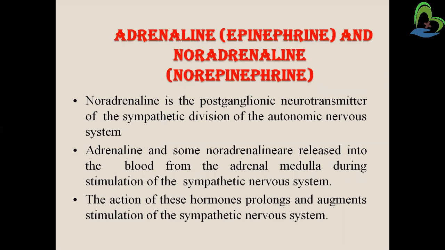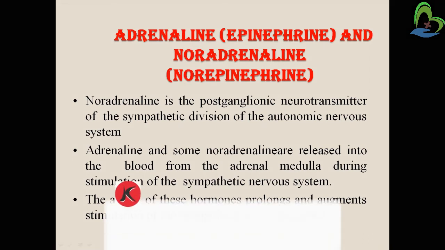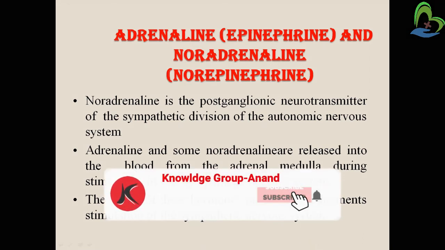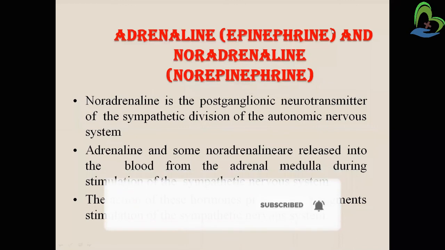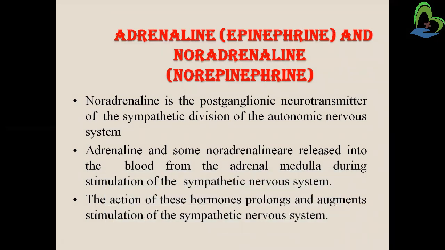So when the sympathetic nervous system is stimulated, the medulla automatically releases adrenaline and noradrenaline. The actions of these hormones prolong and augment the stimulation of the sympathetic nervous system, so their action is long-lasting. So that's all about the hormones of the medulla as well as the cortex.